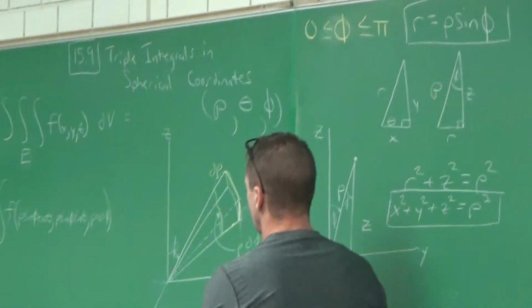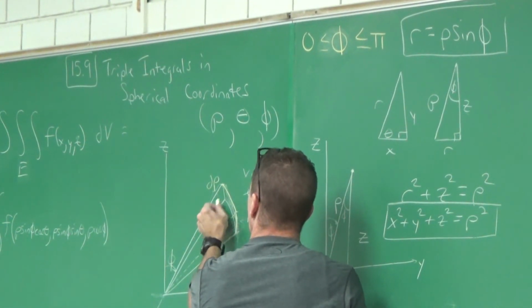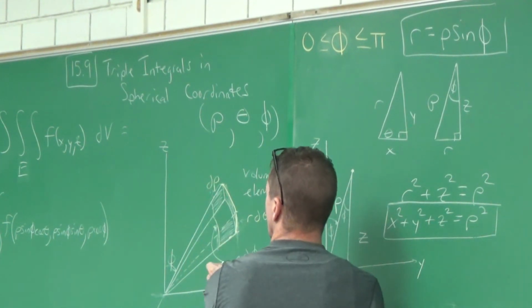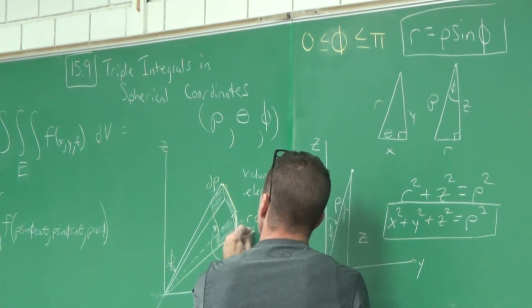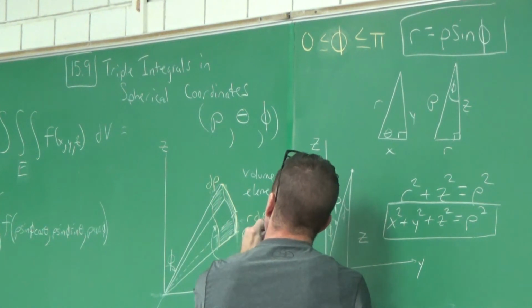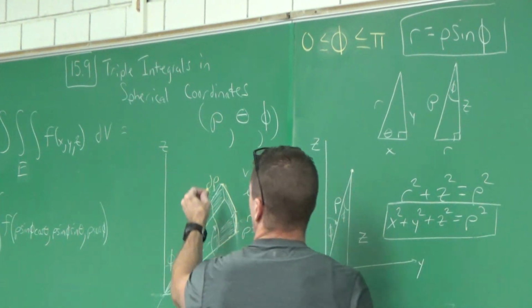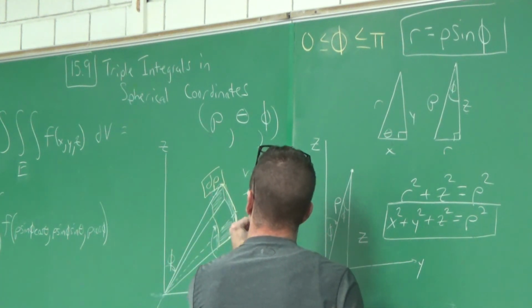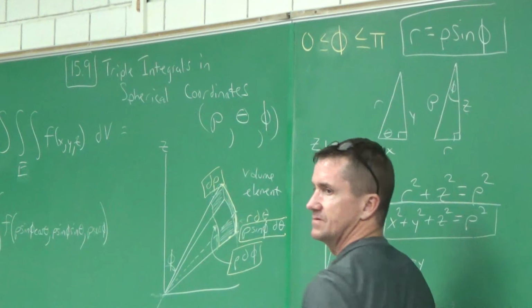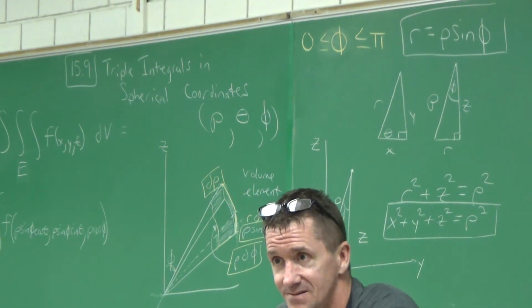So see, it's like a little three-dimensional object. It's got this side and this side. Well, d rho, rho d phi, but the r d theta is now rho sine phi d theta. So when you put the boxes on these three sides, that's going to be my volume element, the product: length times width times height.